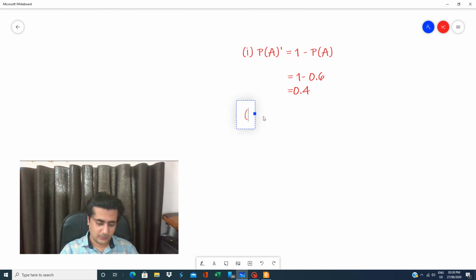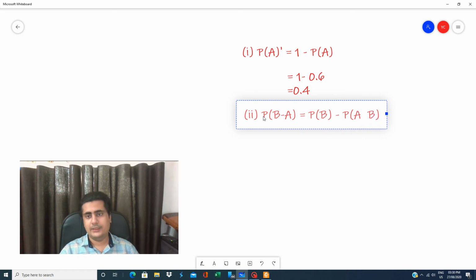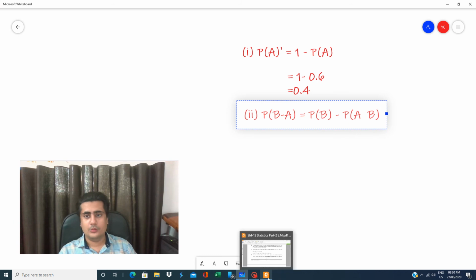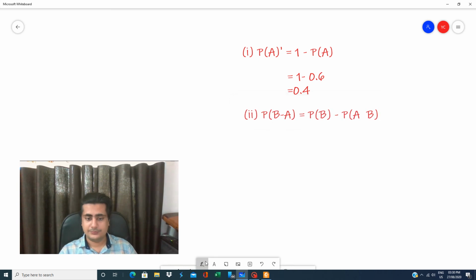What is the second one? It is P of B minus A. Now, what is this B minus A? It's B minus A intersection B. You have to learn this formula: B minus A is B minus A intersection B, and A minus B is A minus A intersection B. That is important to learn.